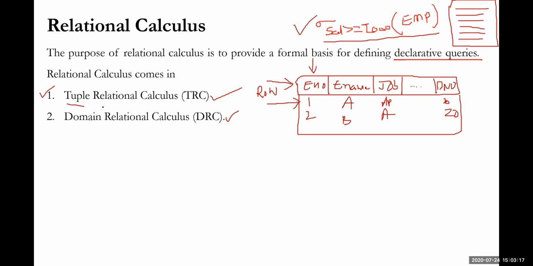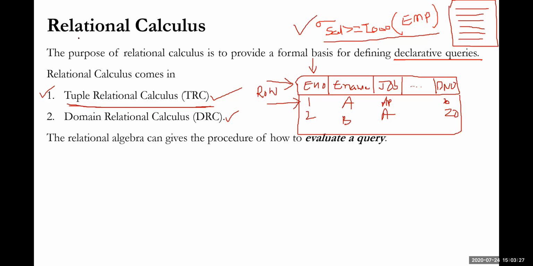Today we will concentrate on tuple relational calculus. Let us see how it gets operated. As I specified just before, relational algebra gives you the procedure of how to evaluate the query, how the condition gets operated.